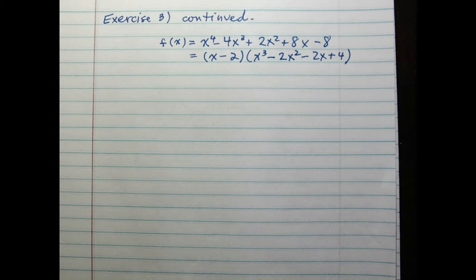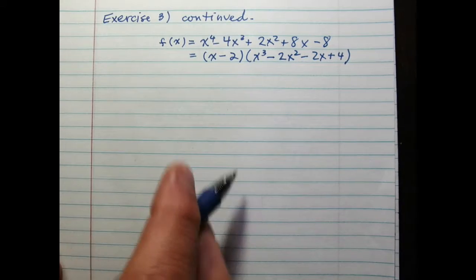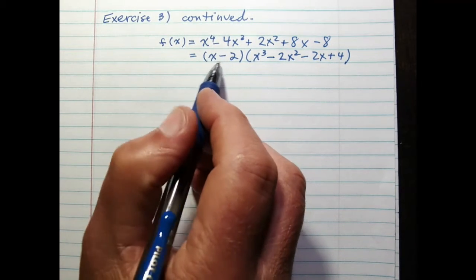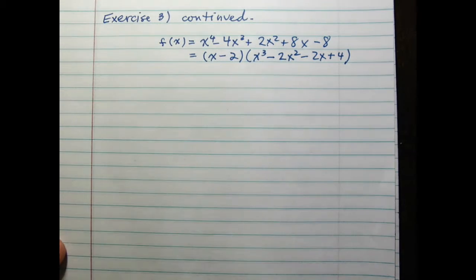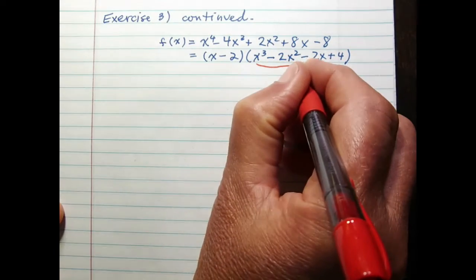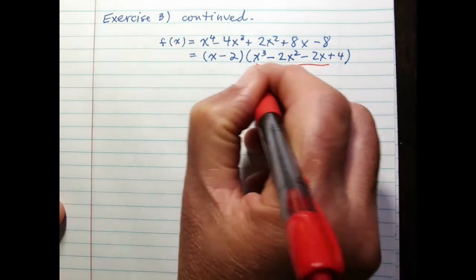We are continuing with exercise 3. We started out with the fourth degree polynomial you see here, and we found one zero and one factor, so we were able to break this down a little bit. Now to continue, we're not going to work with the original polynomial.